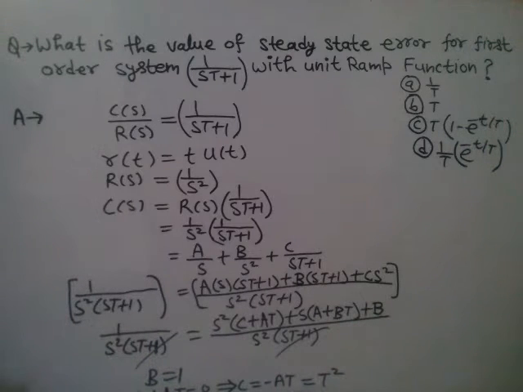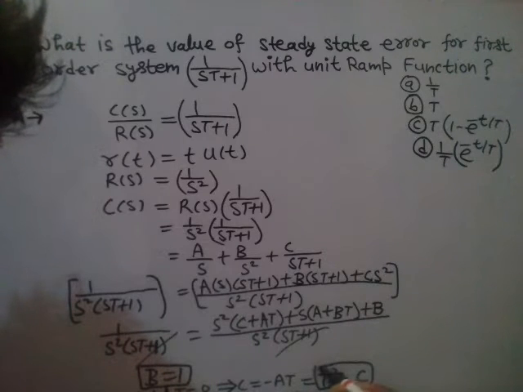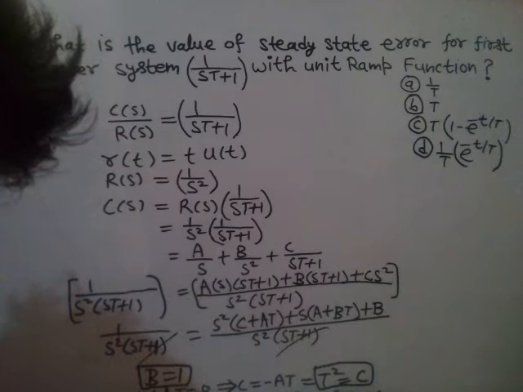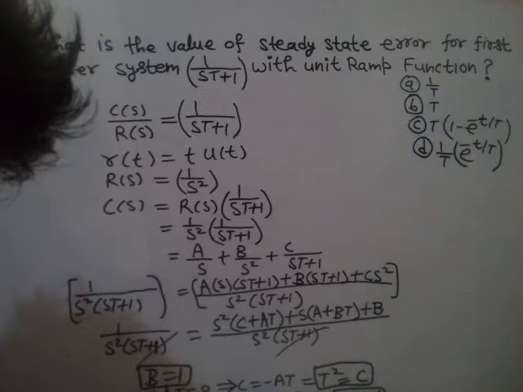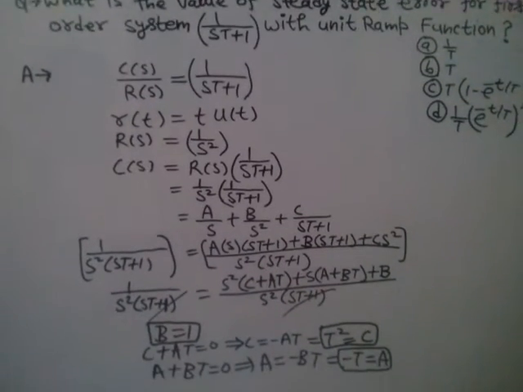So C is T square and the coefficient B is 1. We have now calculated A, B and C. This is the coefficient C, and this is the coefficient A. Now simply put these values into the partial fraction and just further solve.